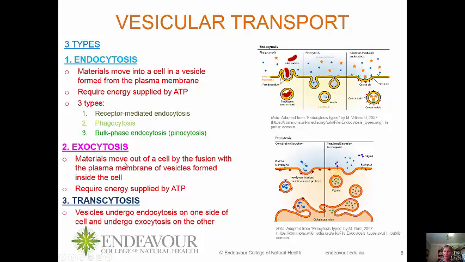Now, exocytosis moves things out of the cell by fusion with the plasma membrane of vesicles formed inside the cell. So a vesicle is formed inside the cell with the particles that it would like to remove from the cell, and then it gets them out of the cell. You can see here you've got your Golgi apparatus. If you remember, what did the Golgi apparatus do?